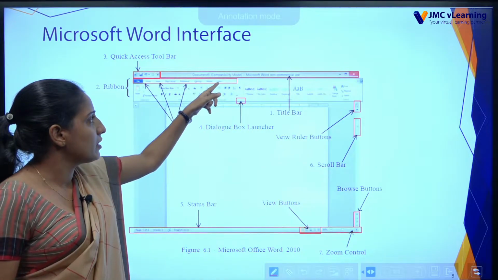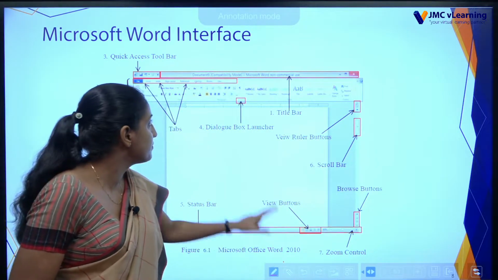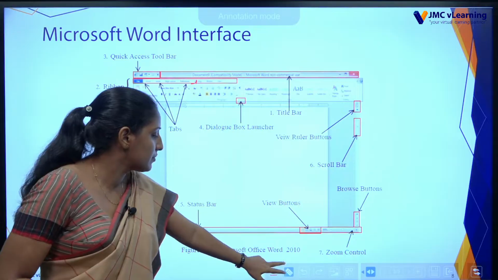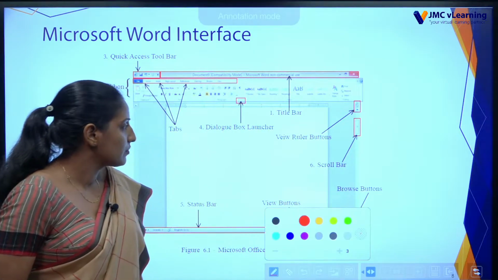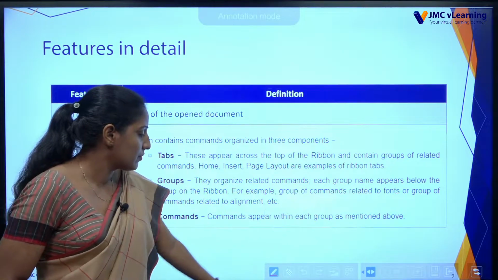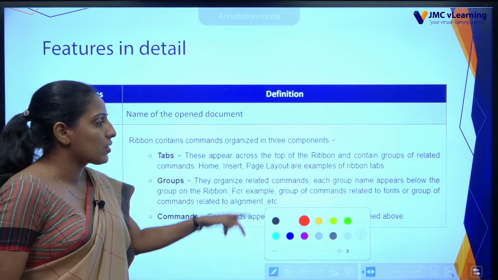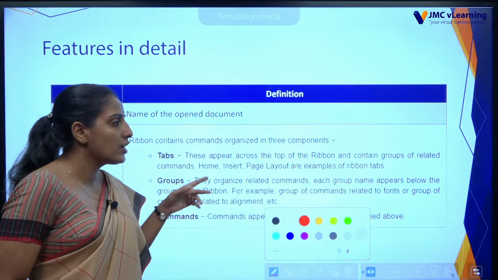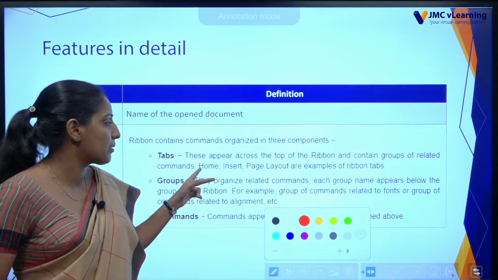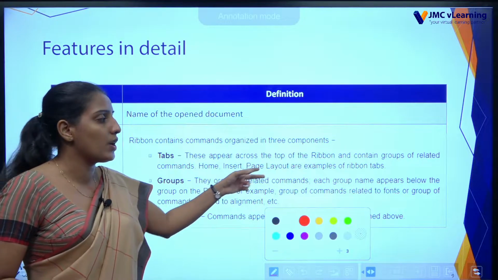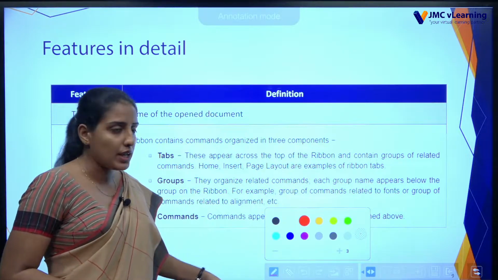Tabs appear across the top of the ribbon, and you can see these are tabs. They contain groups of related commands. Some of the tab names are Home, Insert, and Page Layout, which are examples of ribbon tabs.